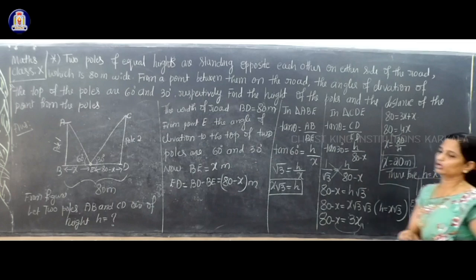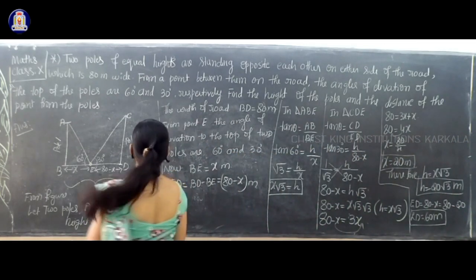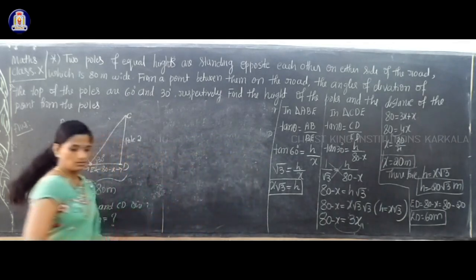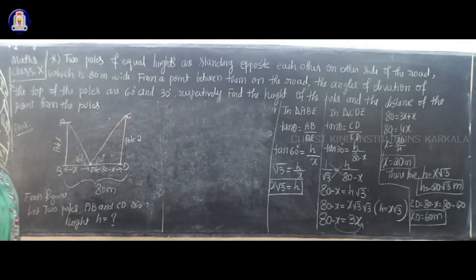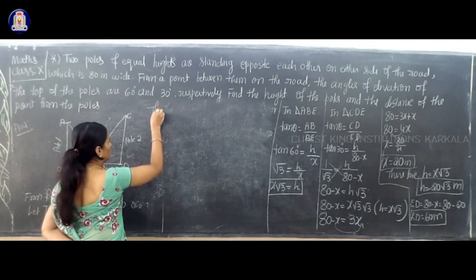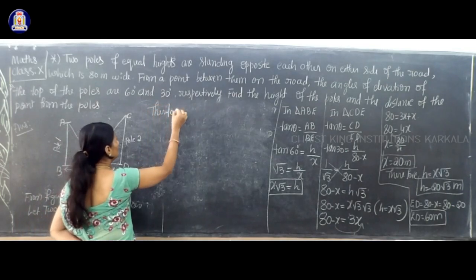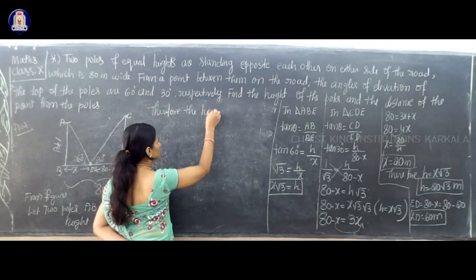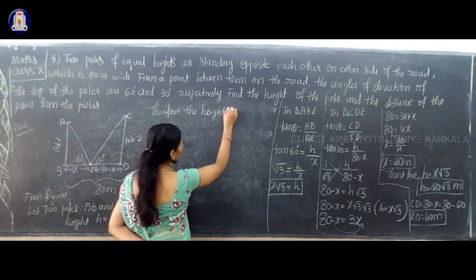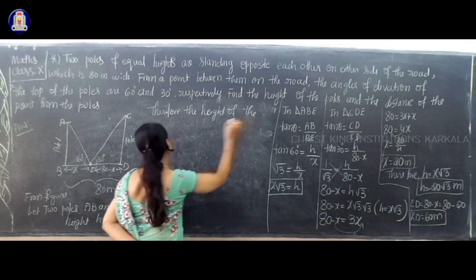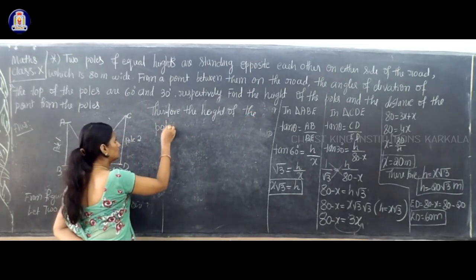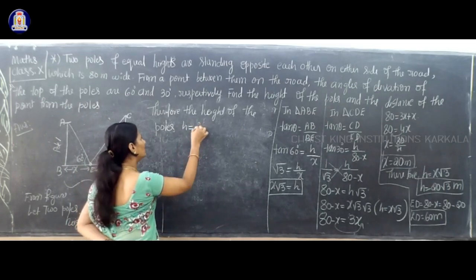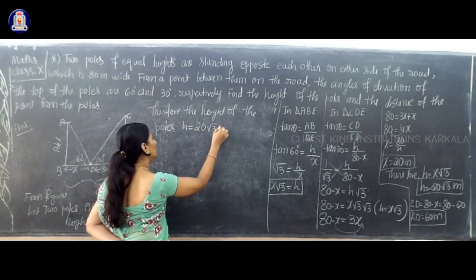Now write the conclusion for all this. What is the question? The height of the pole. Therefore, the height of the poles, x is equal to how much we got? It is 20√3 meter.